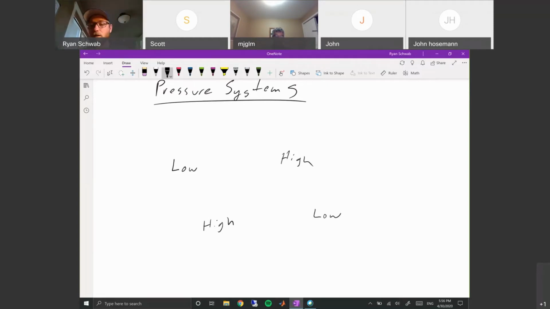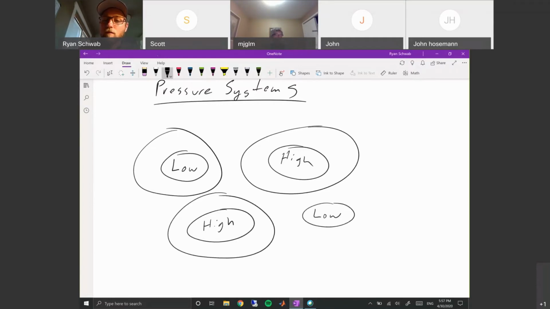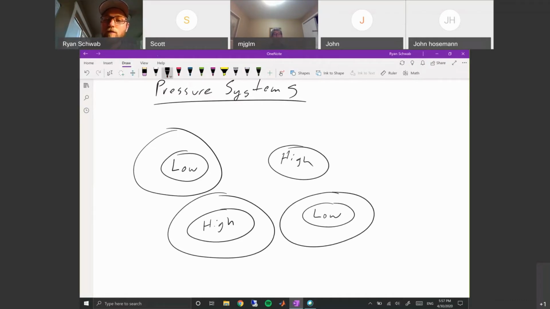So in a pressure map, we're going to see what are called isobars, and that's basically a line along which the pressure is constant. A bar is a unit of measurement for air pressure. That's why it's called an isobar. So let's draw a few isobars in. And we'll talk a little bit about what they kind of mean. Isobars should not cross.